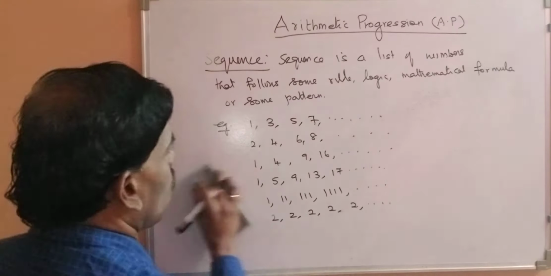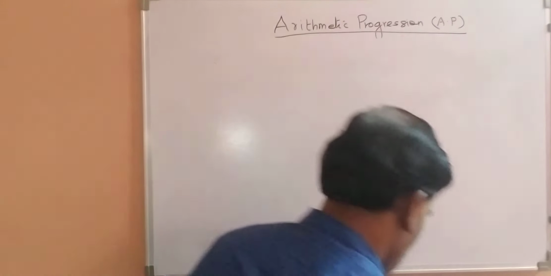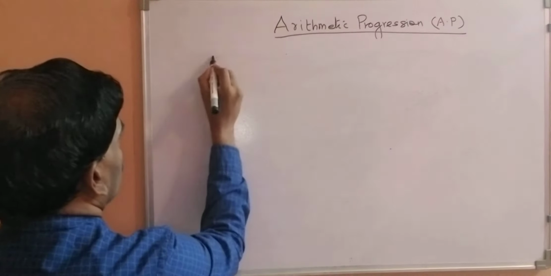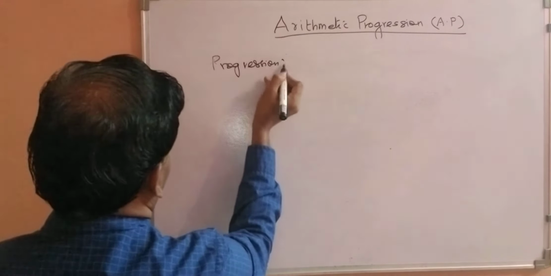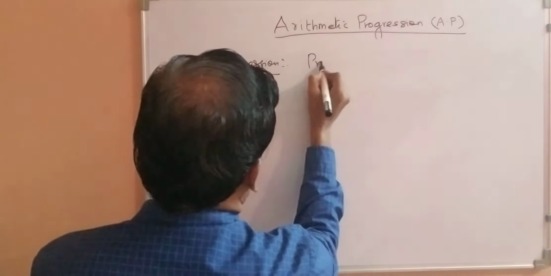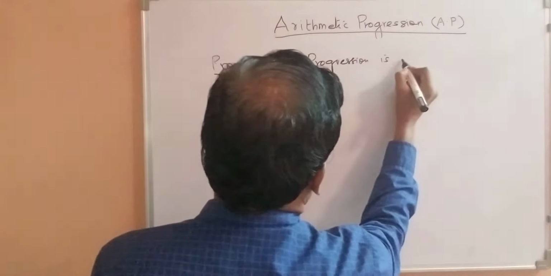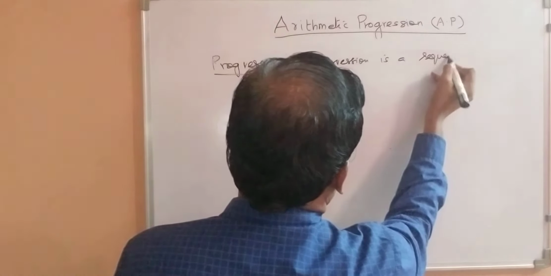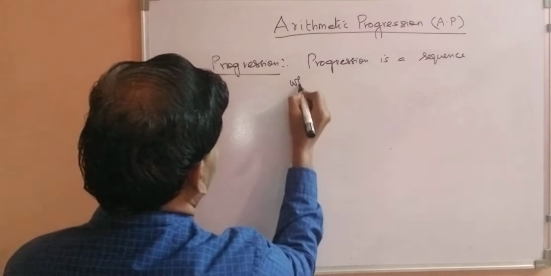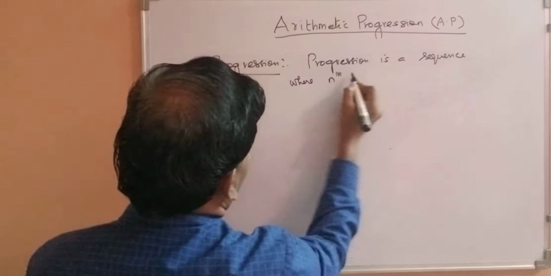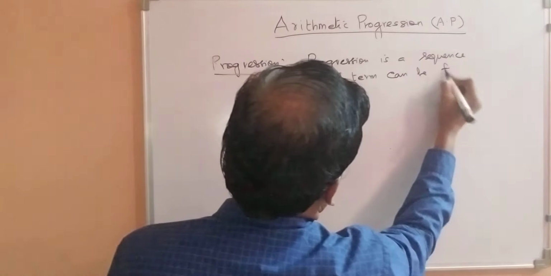Now what do we call a progression? Progression is a sequence where the nth term can be found out.